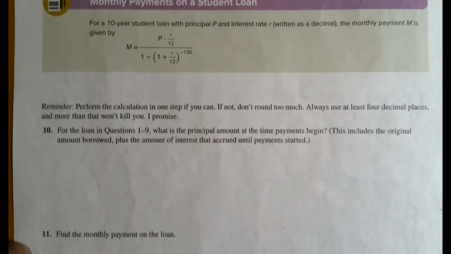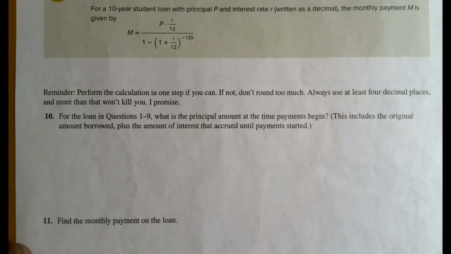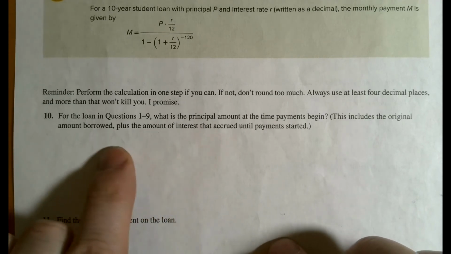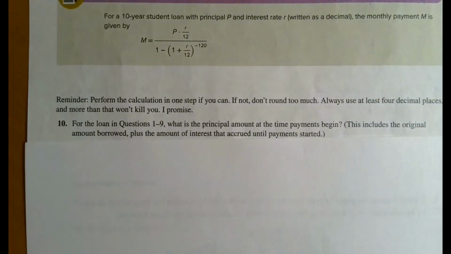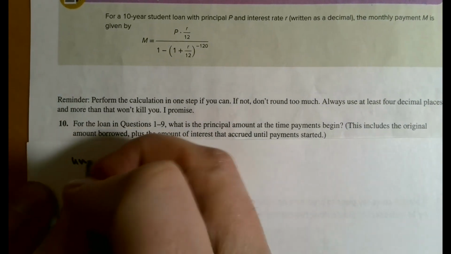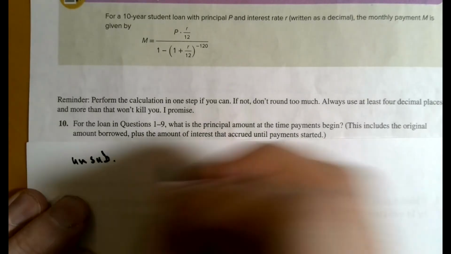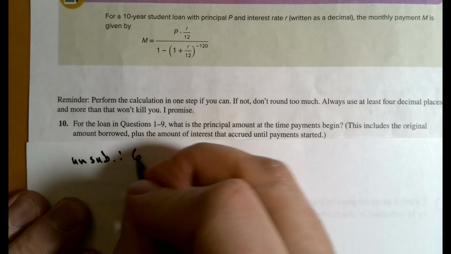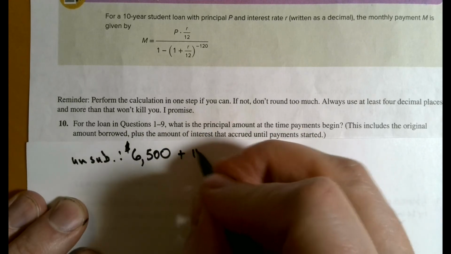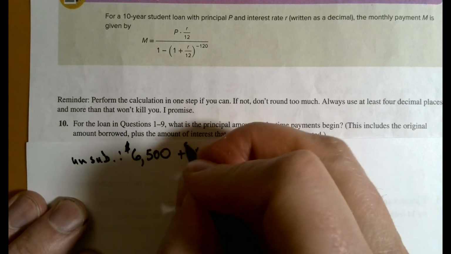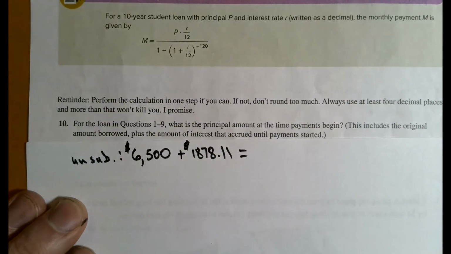So we're going to determine what our payment is going to be. This asks, what is the principal amount at the time payments begin? Well, if we're assuming an unsubsidized loan, that means we take the amount we borrowed, which was $6,500, and add to it the interest that accrued while we were in school before we made payments, and this becomes the actual P that we have to pay.